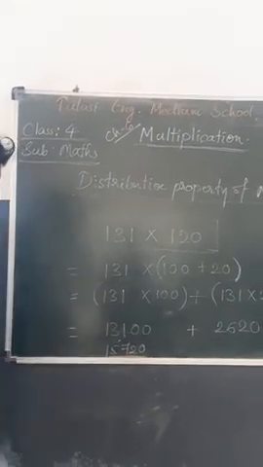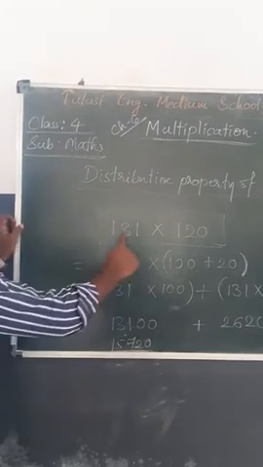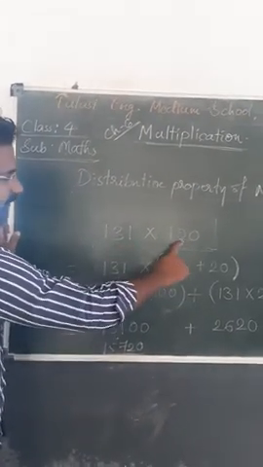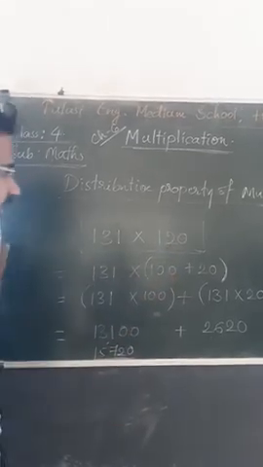So we got 15,720. When we multiply directly 131 by 120, we will get the same result.